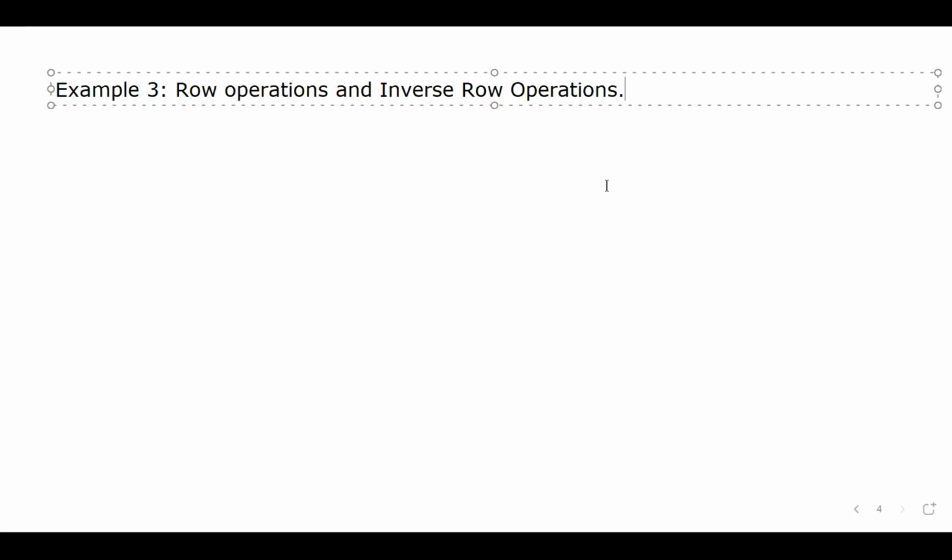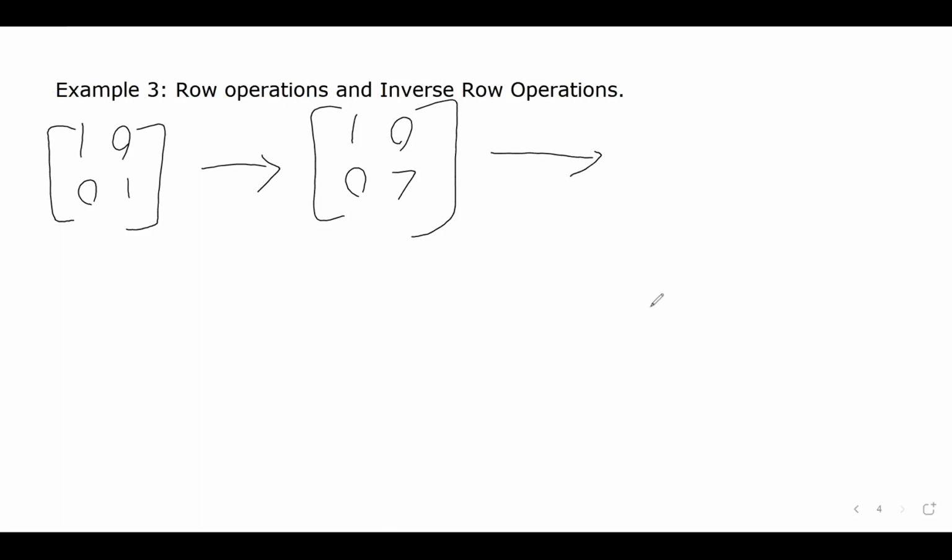So if you start with the matrix 1, 0, 0, 1, and let's say you multiply the second row by 7. What I did there was I multiplied the second row by 7. The opposite effect would be multiplying the second row by 1/7, and you get back to where you started.